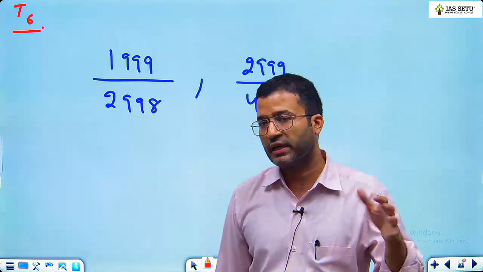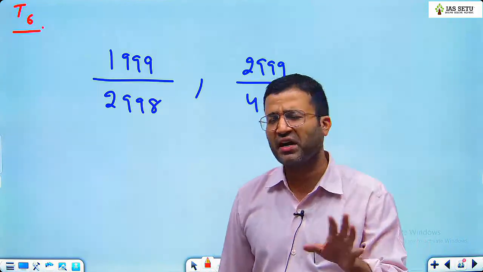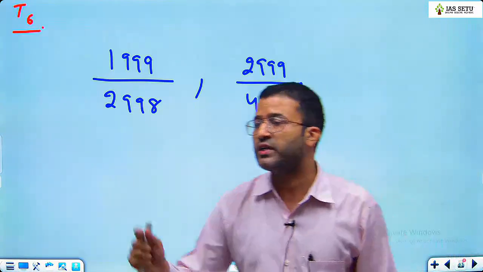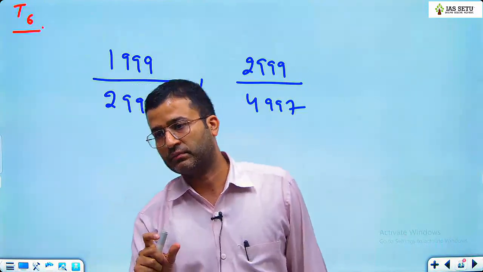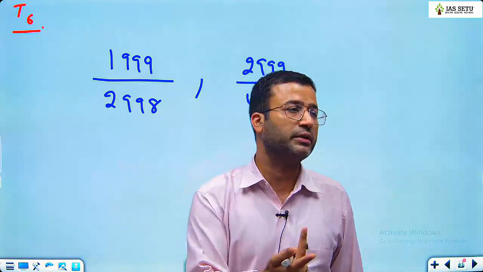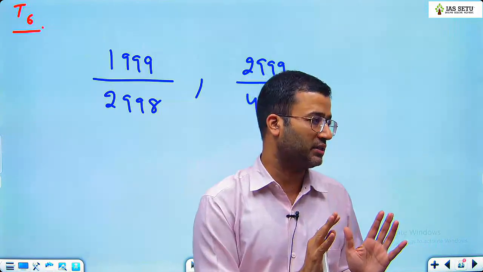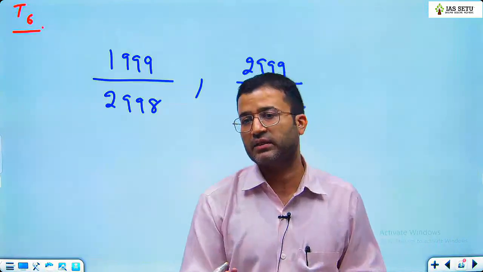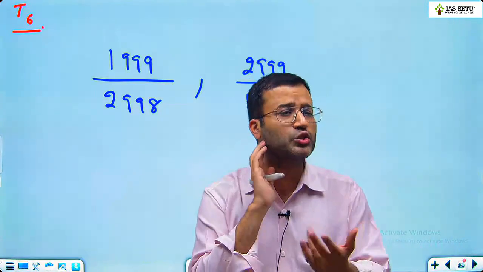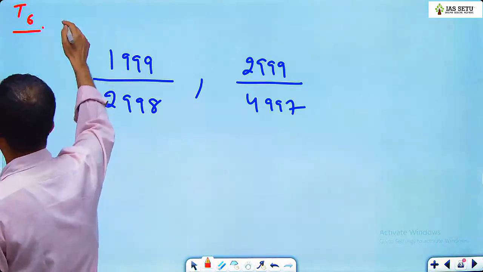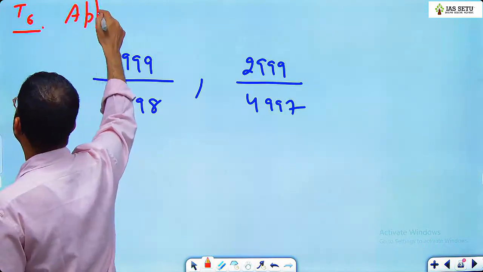Type 1, type 2, type 3, type 4. Type 5 we hardly use, because where can type 5 be used? We have small fractions. With big fractions, multiplication is not easy. Type 5 can only work on small fractions, and we have an alternate method for that. Type 5 is just to understand how cross multiplication works. Otherwise, type 6, where we apply approximation.